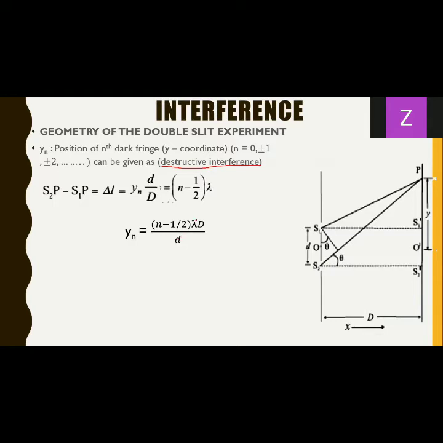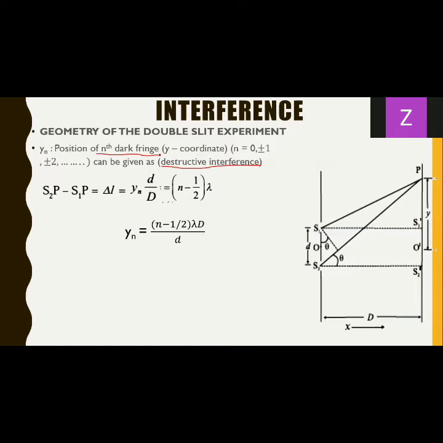Once again, keep in mind, what is lambda? It's the wavelength of the incident light. Capital D is the distance between the slits and the screen. Small d is the distance between the slits itself. And yn is the nth dark fringe. Earlier it was bright, now it is the dark fringe. Keep that in mind. Okay.